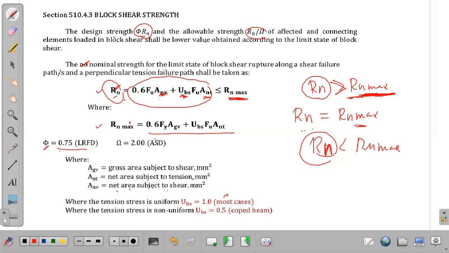Phi is equal to 0.75 and the omega is equal to 2.0. So pagka na-solve nyo yung Rn, masosolve nyo na yung design strength or the allowable strength of the block shear section.